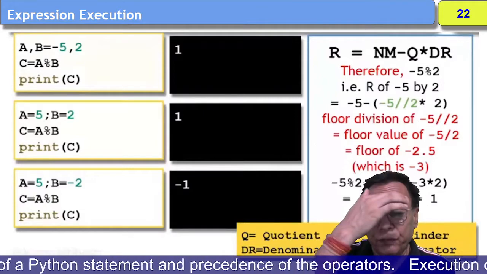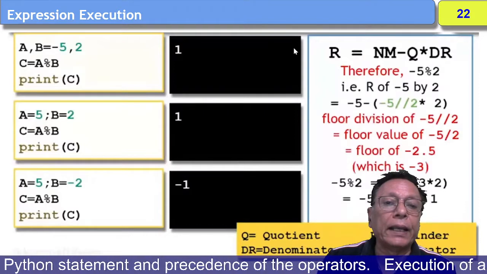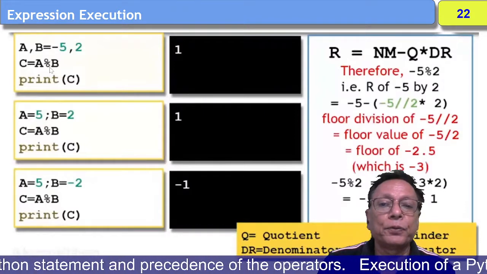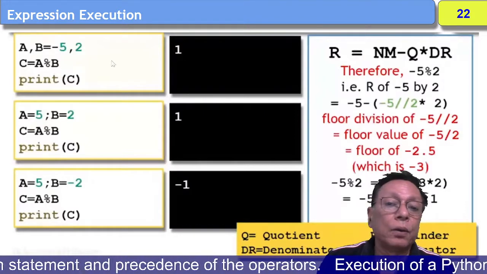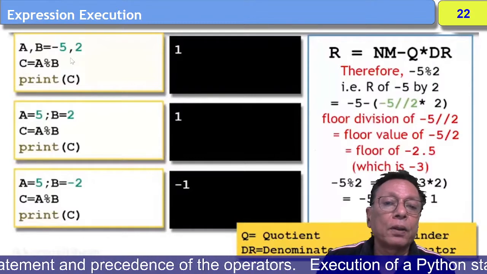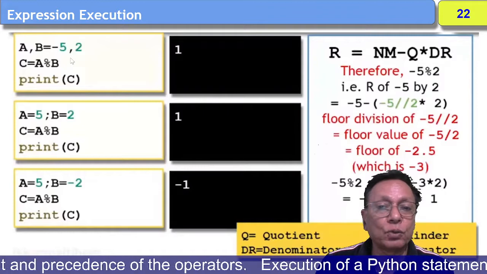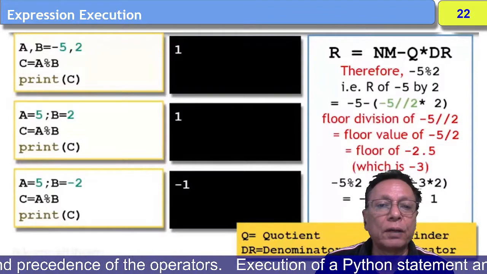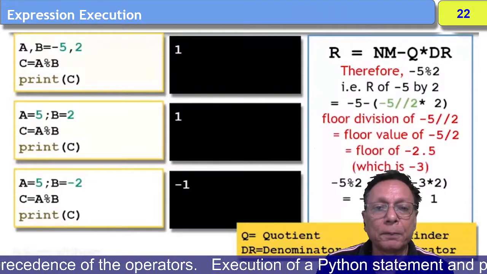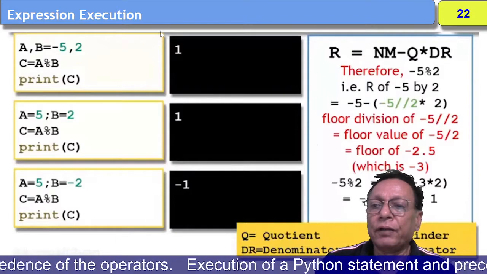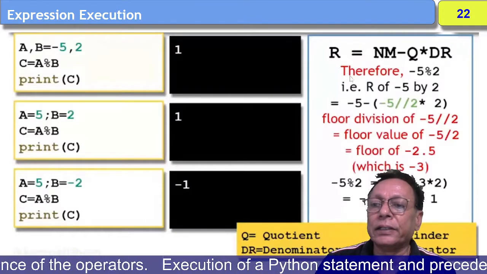If you are applying A modulo B here, that will give you +1, whereas one integer is negative and the other is positive. So how does a positive value come as the modulo or remainder? Over here, we'll apply this theory.